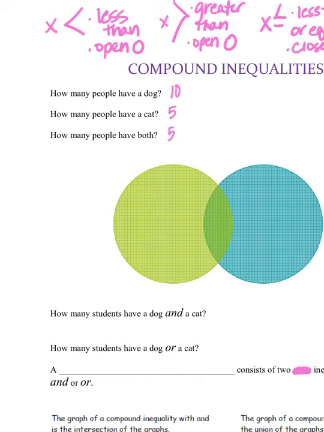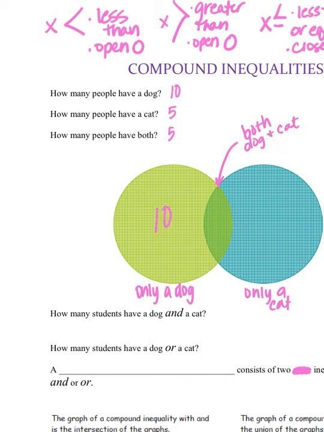So our graph below would represent only a dog, only a cat. In the middle would be both dog and cat. So 10 people had only a dog, 5 people had only a cat, and 5 people had both a cat and a dog.